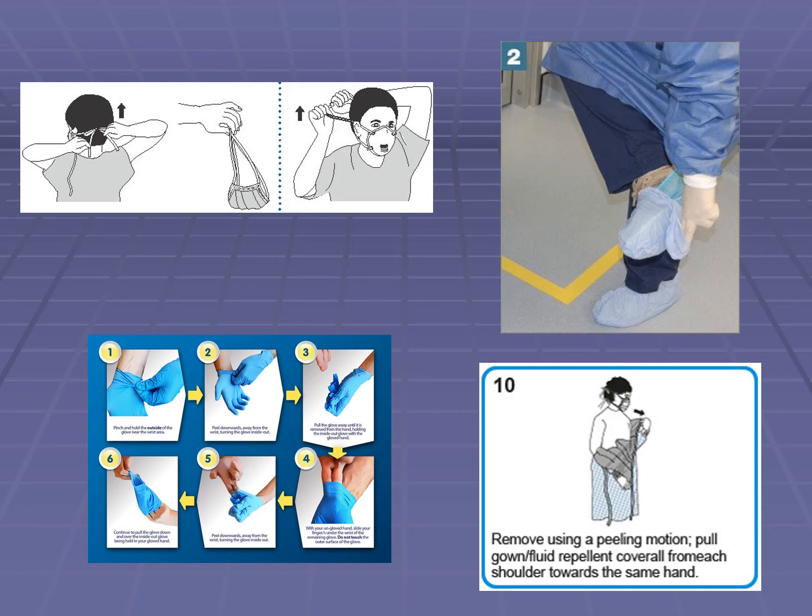When we remove the gown, I will show you how to remove a surgical gown, but once we get the ties undone, we want to peel it off away from us and turn it inside out so that the schmutz is on the inside, away from us and contained.